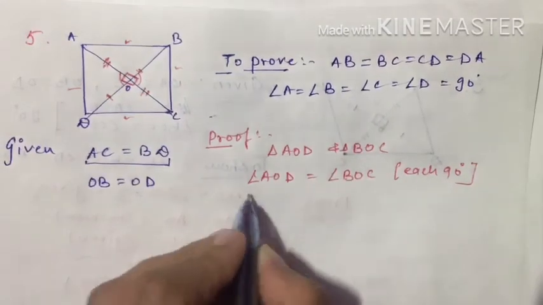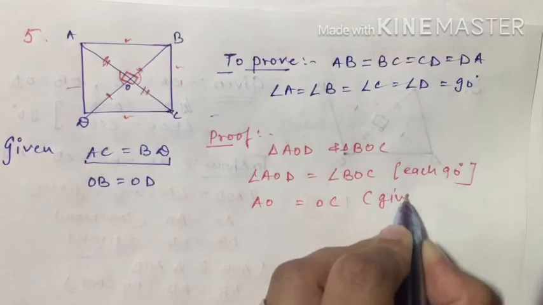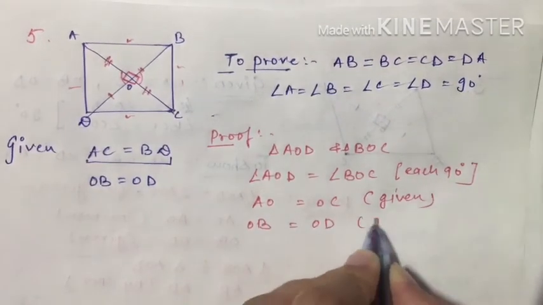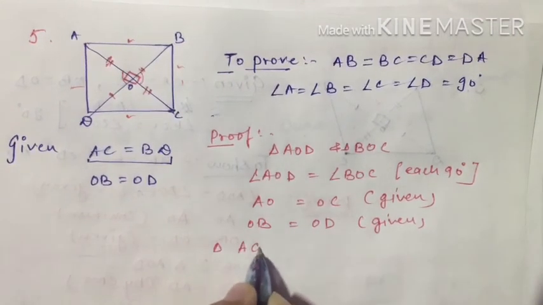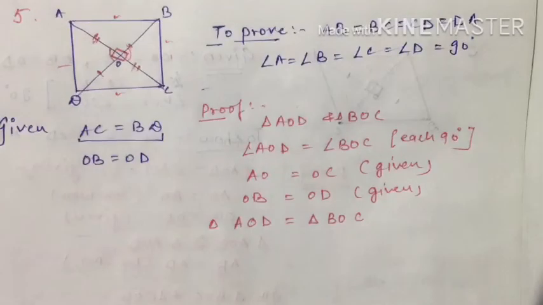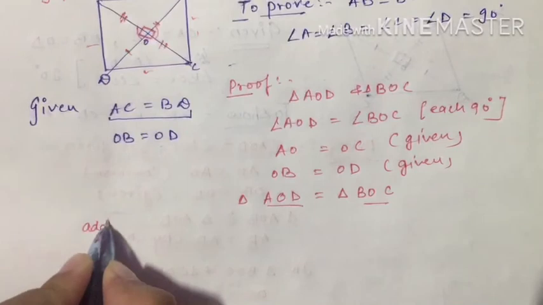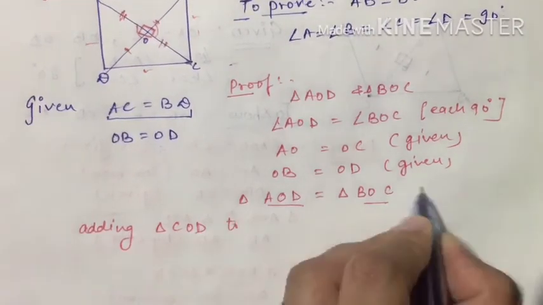Okay, then AO is equal to OC, given. OB is equal to OD. This is also given. Hence, triangle AOD is congruent to triangle BOC. Now I will be adding triangle COD to both sides.